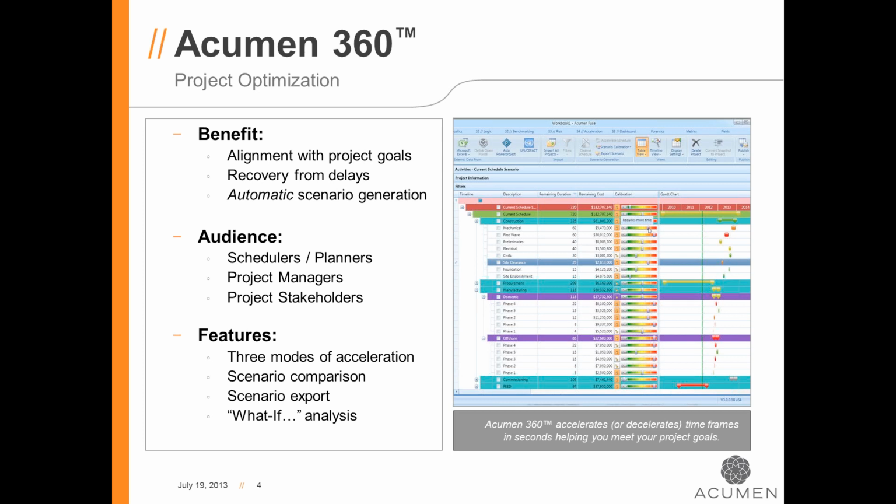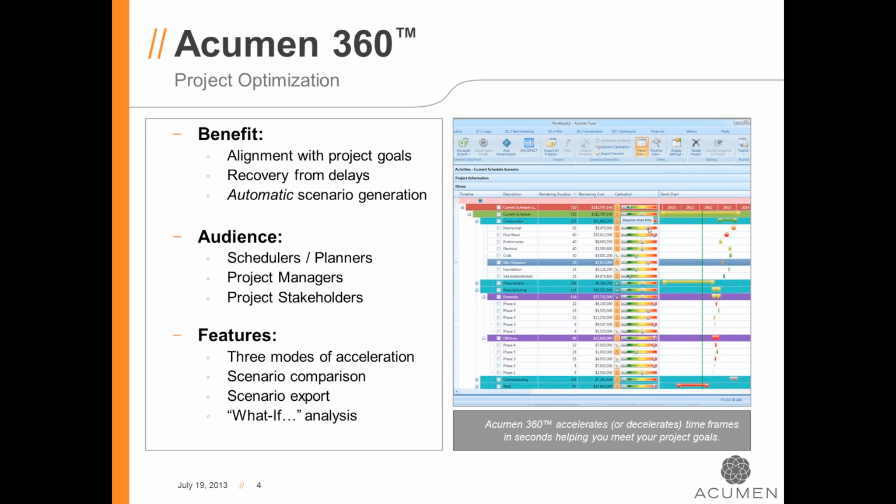There's also a manual interactive mode as well, which we'll be showing you during the presentation. The fact is, during the baseline process and during program execution, you might run into events, assumptions, and risks which will prohibit you from meeting your original project goals. Acumen 360 is your tool to help you meet your project goals despite the chaos of a program execution environment.